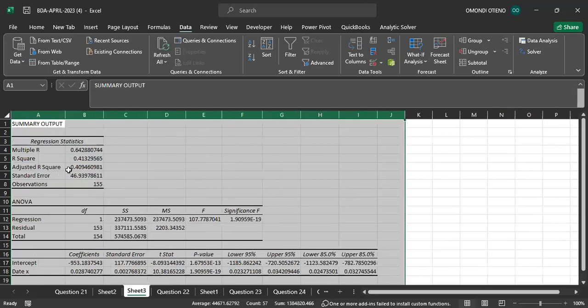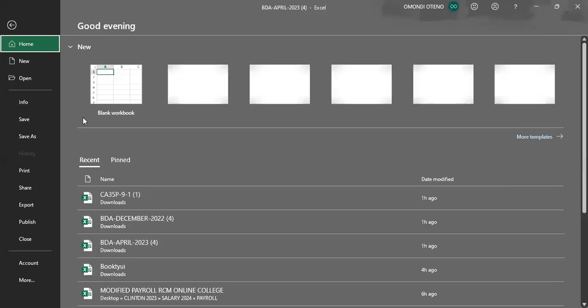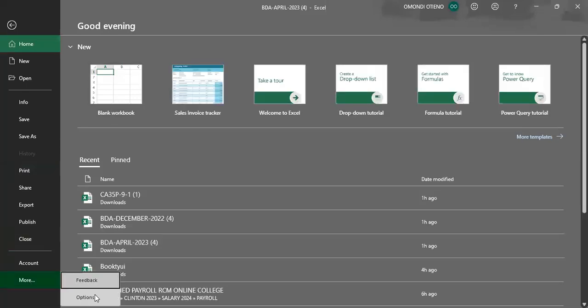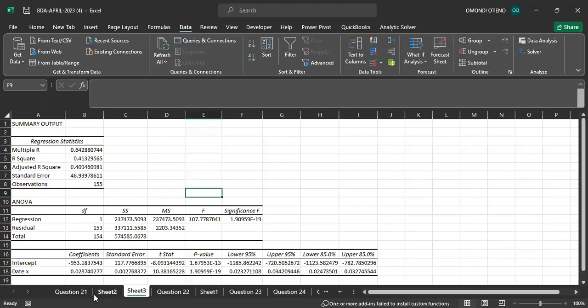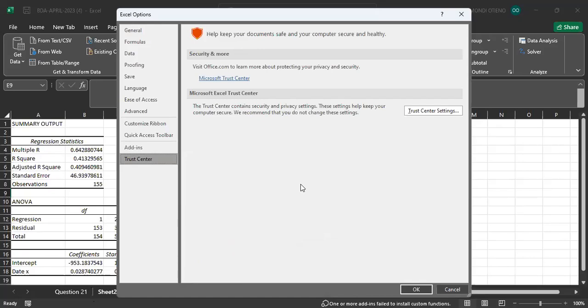Are we together as we end the session? Am I using a new laptop where my Excel has no data analysis table? Inafaa ikue, lazima ikue. Sasa enda hapa kwa file, more options, trust center.